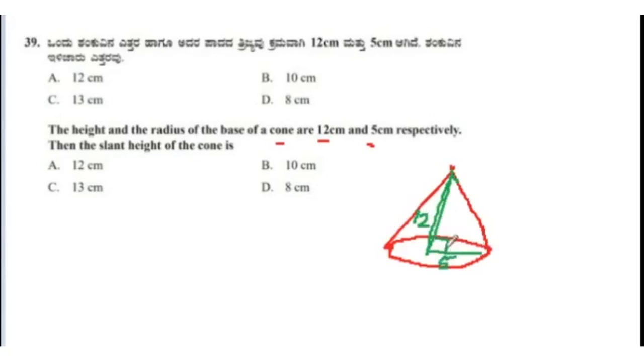So this is a right angle triangle. I will just write ABC. ABC is a right angle triangle, and if the sides of the right angle triangle are 12 and 5, obviously the other side will be 13 based on the Pythagorean triplets. So the correct option for this 39th question is C.